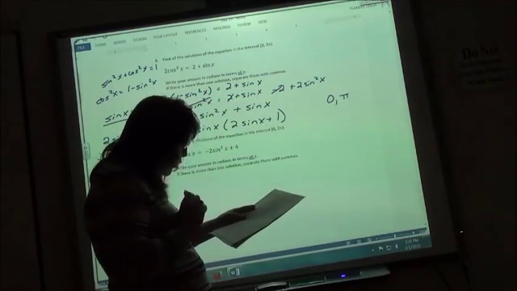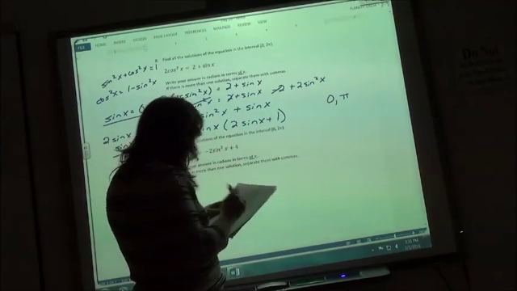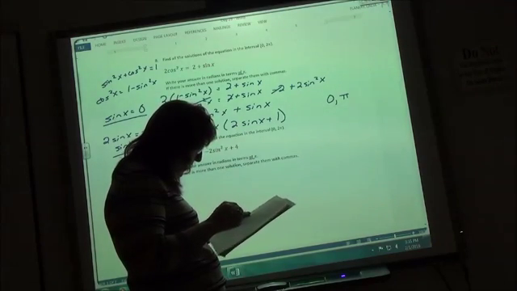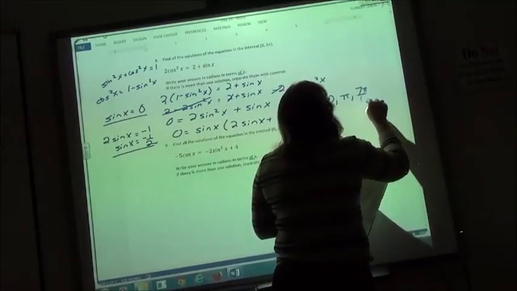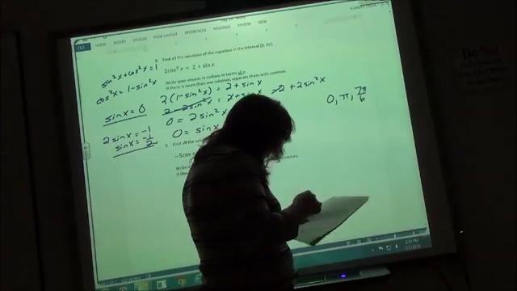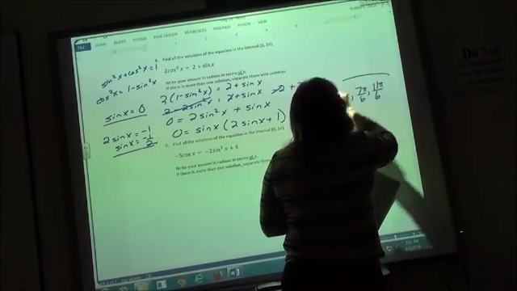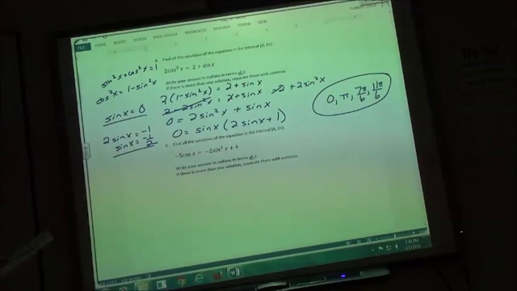It's also at 2 pi, but we're not including 2 pi in our answer. Sine of x equals negative 1/2 at 7 pi over 6, and negative 1/2 at 11 pi over 6. So all 4 of those are going to go in for our answer: 0, pi, 7 pi over 6, and 11 pi over 6.